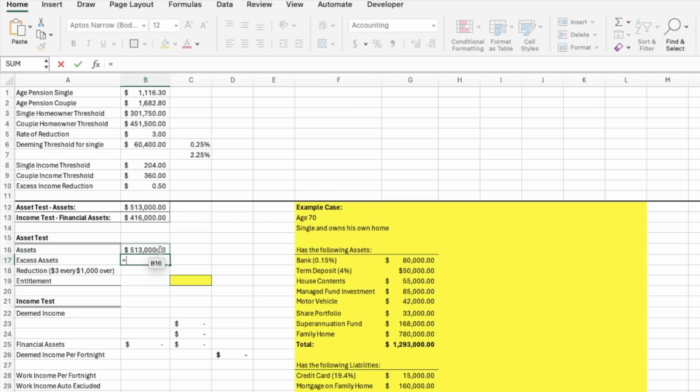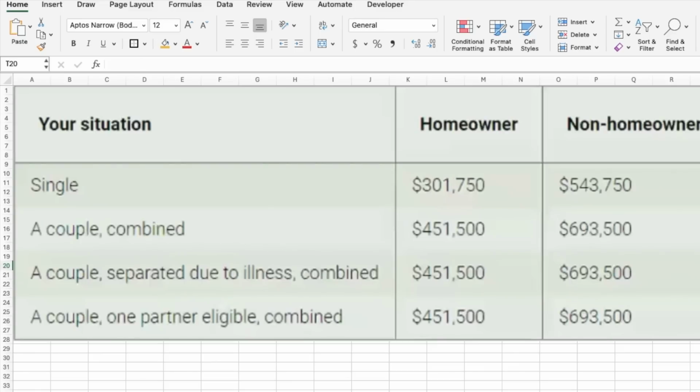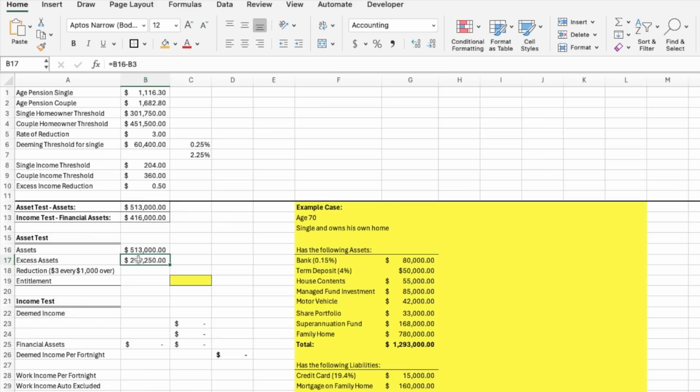So we have $513,000 in assets, and the threshold for this person is $301,750 because they're a single homeowner, and we get that from this little diagram here, which you can just search up on the internet. So we have excess assets of $211,000.